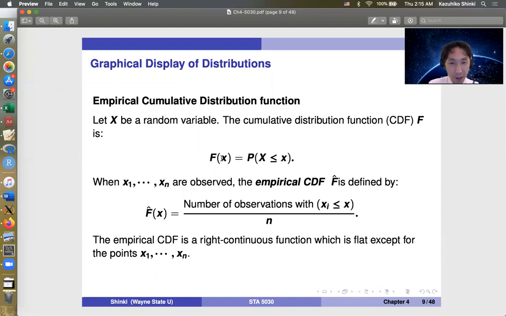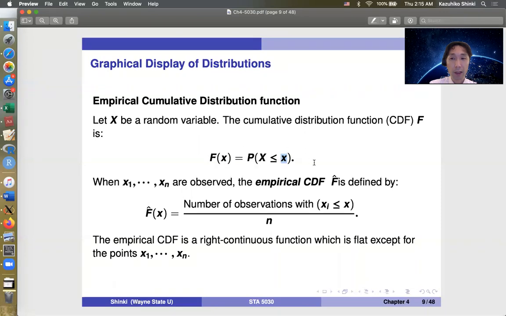It's a little bit hard to see, but this is lowercase x, this is lowercase x. So the probability that some random variable, for example a normal random variable, is less than x is defined as capital F of x. For example, capital F of 0 for the standard normal distribution is the probability that X is less than 0.